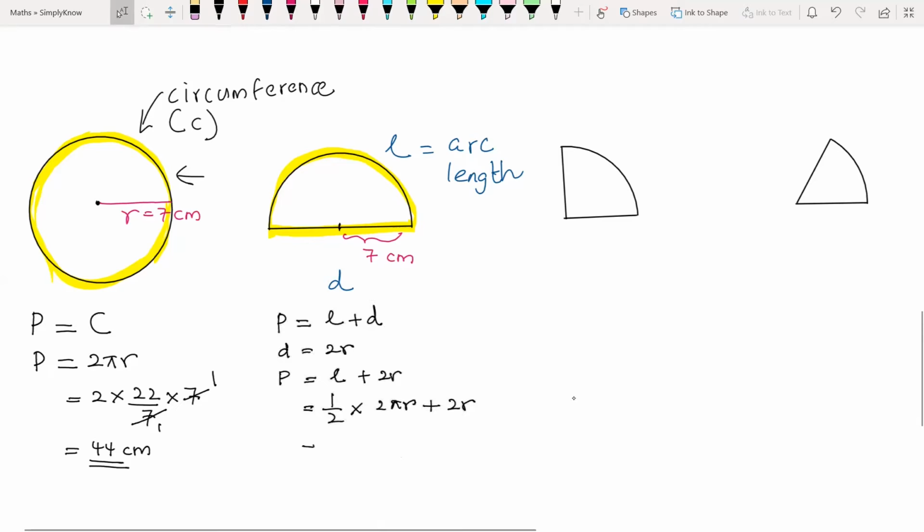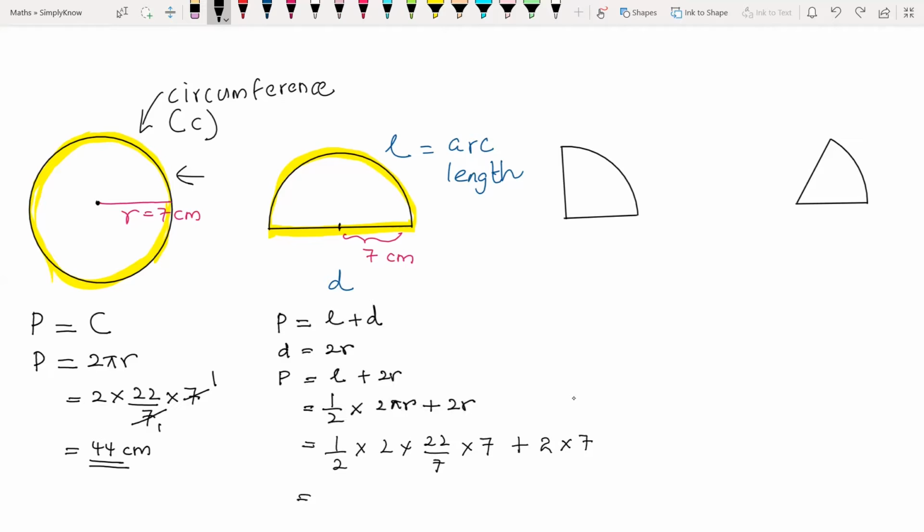Okay, now let's find out the perimeter. Half times 2 times 22/7 times 7 plus twice the radius is 14. Or if you want, you just substitute first of all. Or you can straight away write 14 because the diameter is 14.